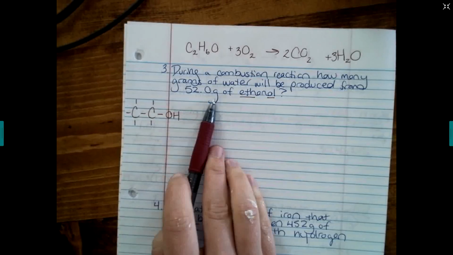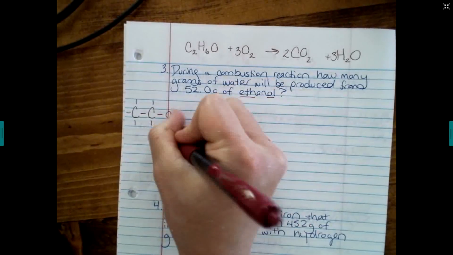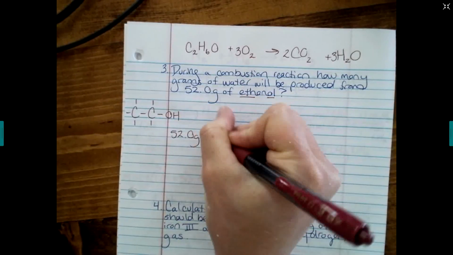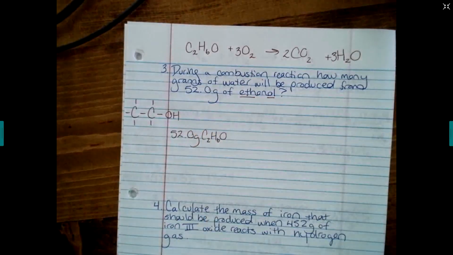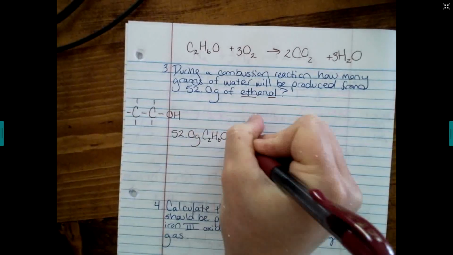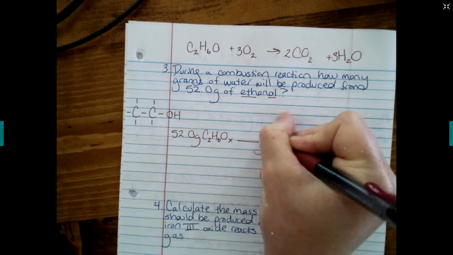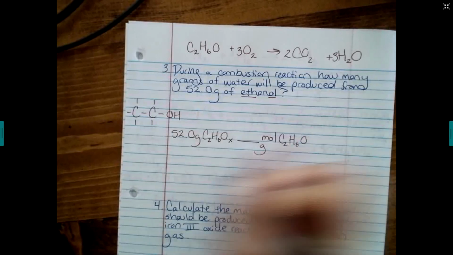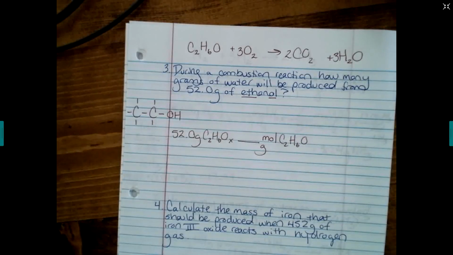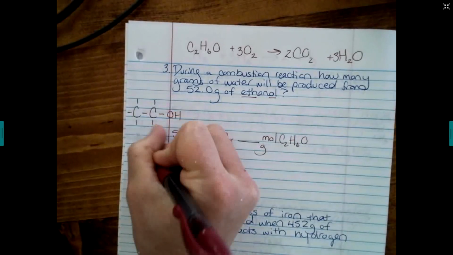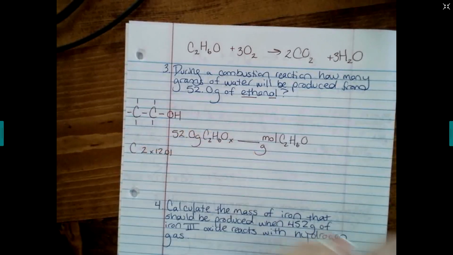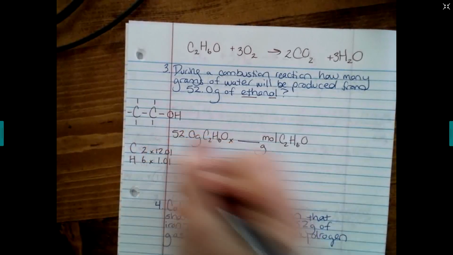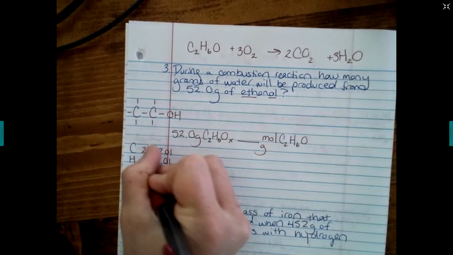So I always start with what I know. I have 52 grams of ethanol. And I'm going to first convert that into moles. So over to the side, I'll calculate my molar mass. I have 2 carbons. I have 6 hydrogens, and I have 1 oxygen.